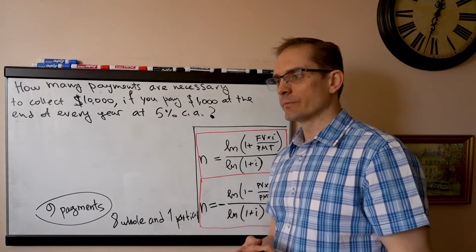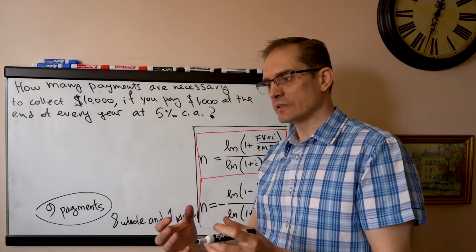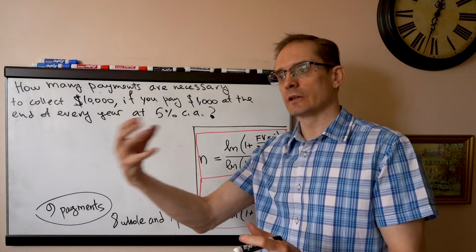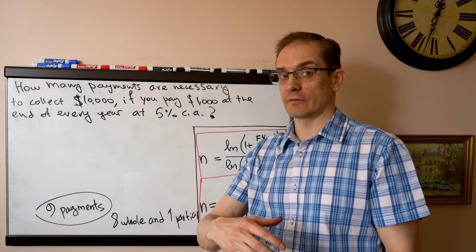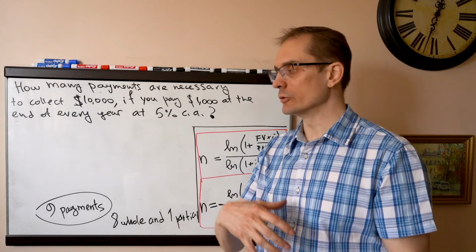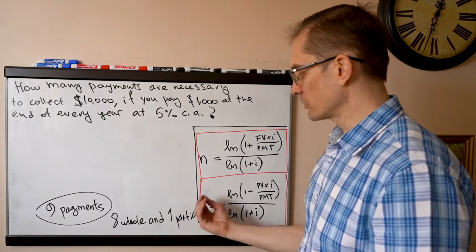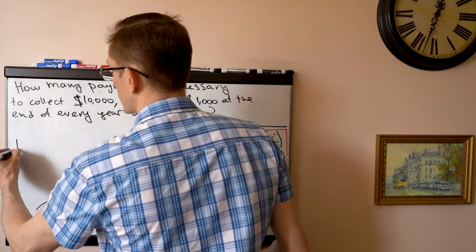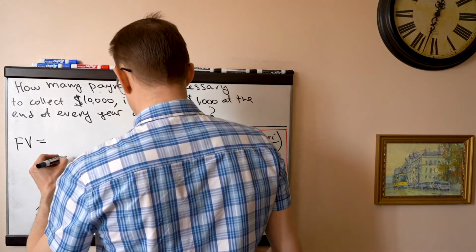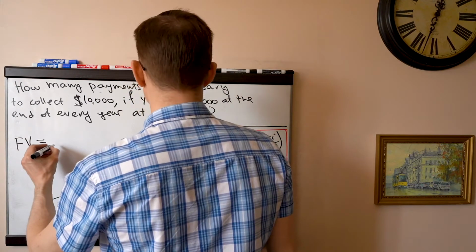It means that after these 8 payments, you will still be required to make some other payment, or maybe, as I already mentioned, the bank will have to make that last payment to you. In order to find that out, let's find the future value after 8 whole payments.